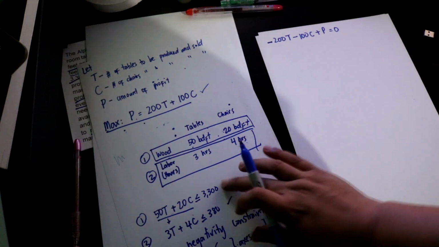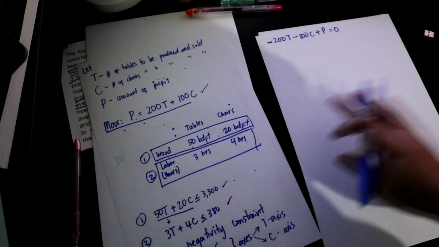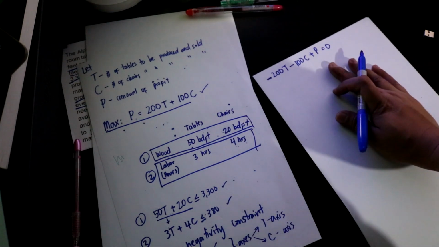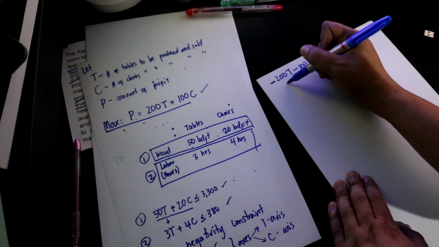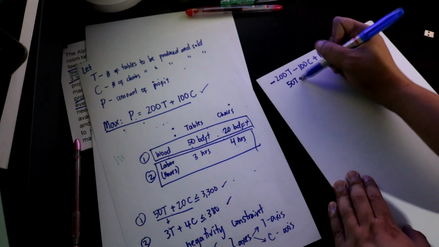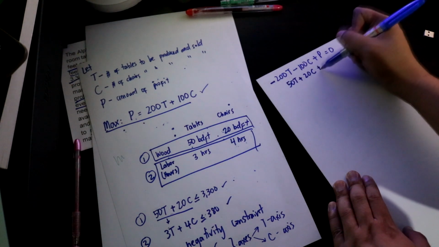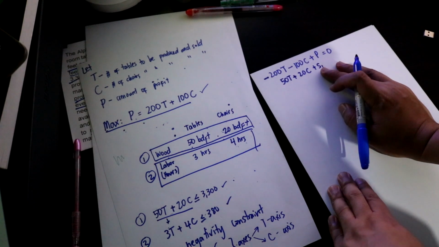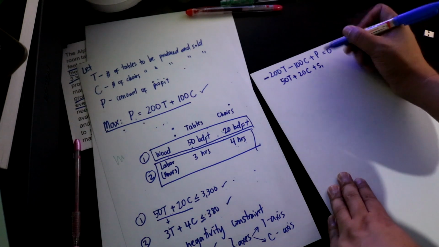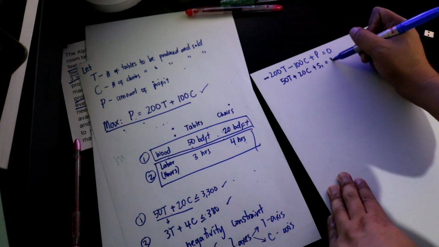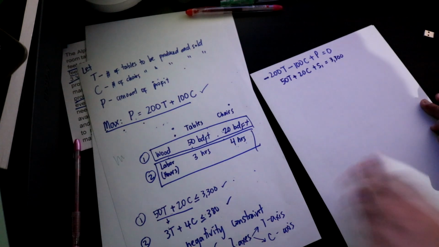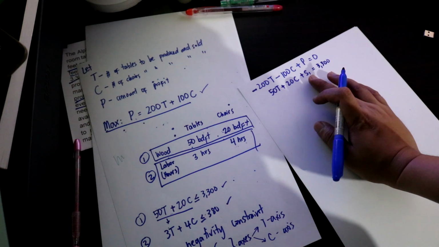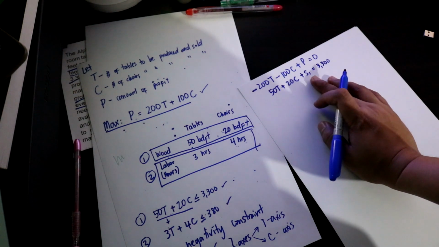So take for example this inequality. How are we going to transform it into an equality? It will become 50t plus 20c plus S1. We are going to name the first slack variable as S1. That would be equal to 3,300. Think of it as an unused resource.